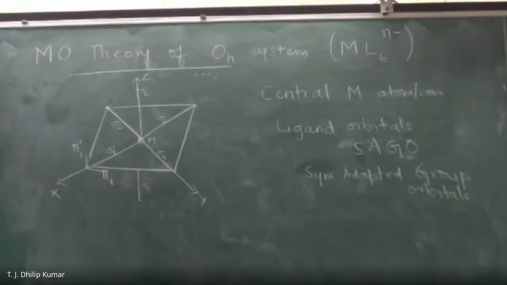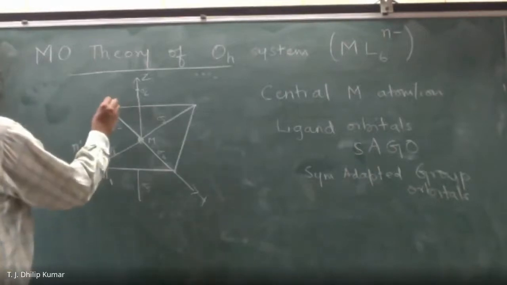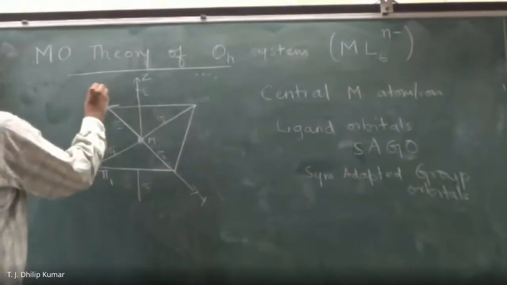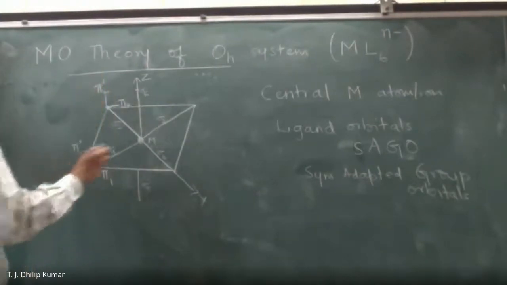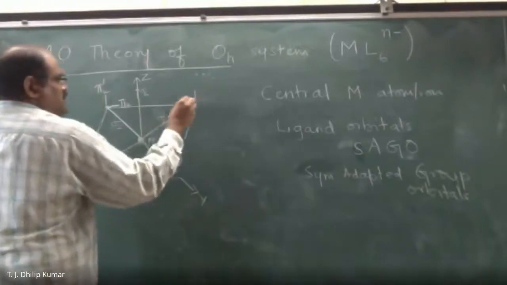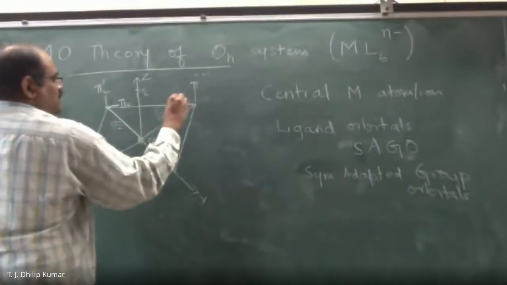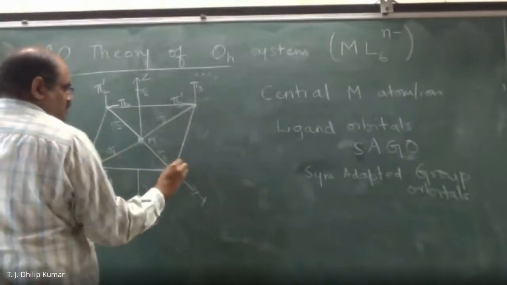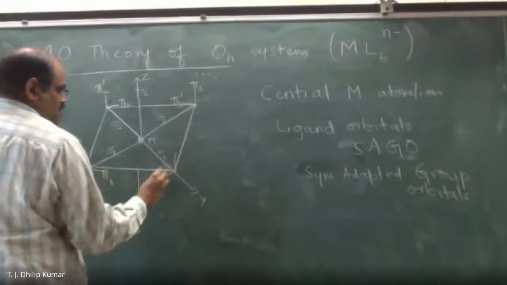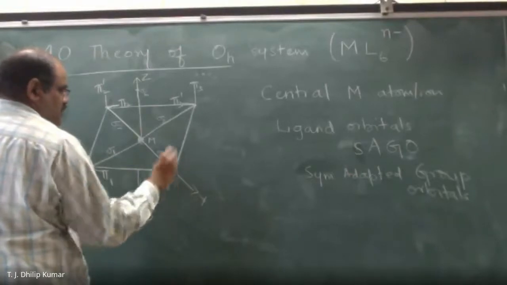Similarly you can find 2 more: pi 2 and pi 2 prime, pi 3 and pi 3 prime, pi 4 and pi 4 prime.